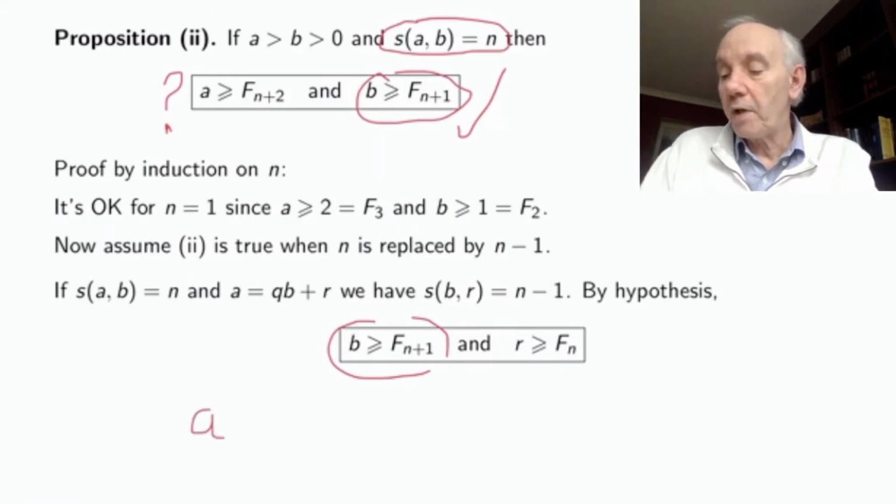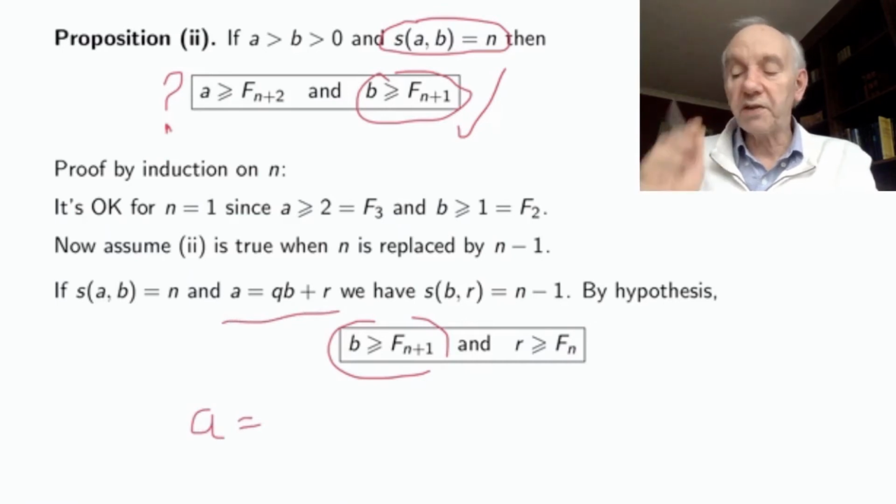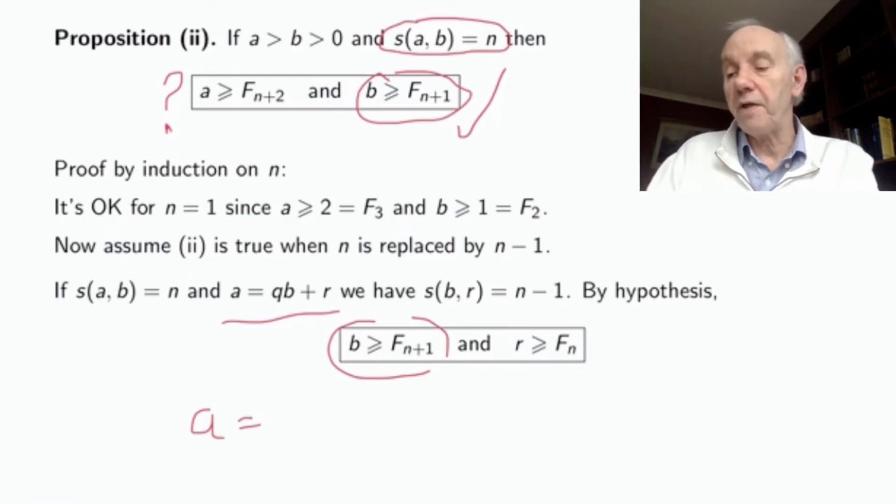A is equal to, it's written here, Q B plus R, but Q has to be at least 1, because A is bigger than B. So when we divide A by B, it will go at least once. B is strictly positive. So A will be at least as big as 1 times B plus R.